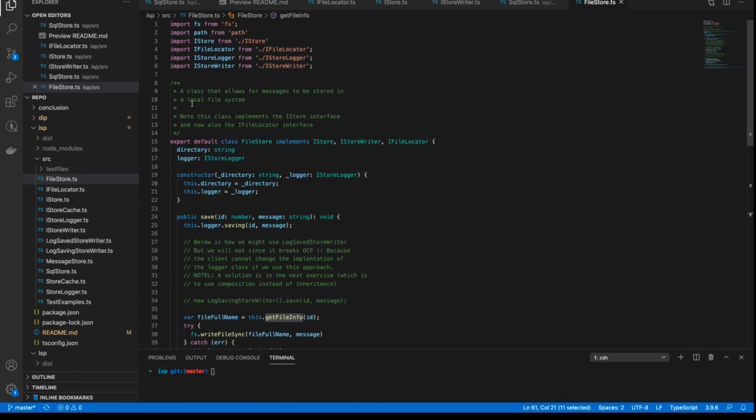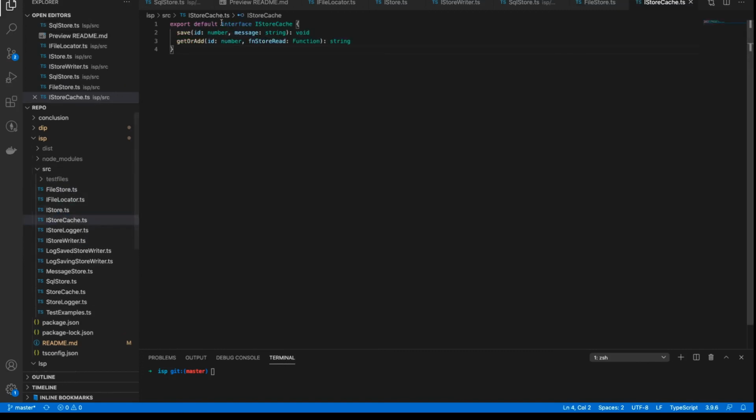And we end up creating a number of other different interfaces as well that we can look at here. So the cache, and we've got a store writer. Again, this is an interface that defines a single method that basically says this is where we write to the store.